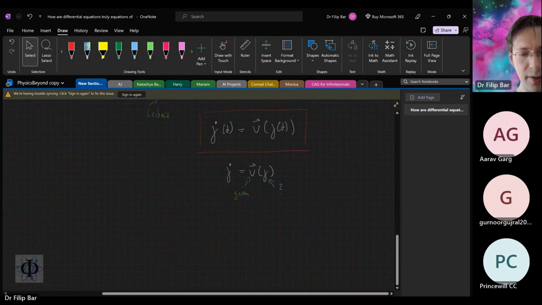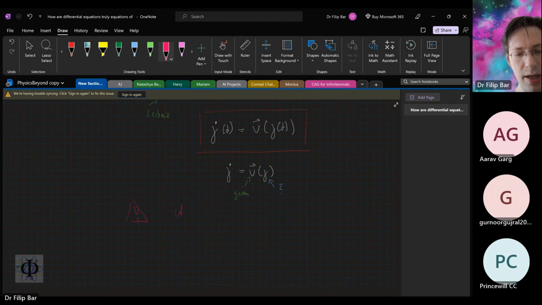right? So let's make a little triangle here. An ODE has infinitely many solutions.